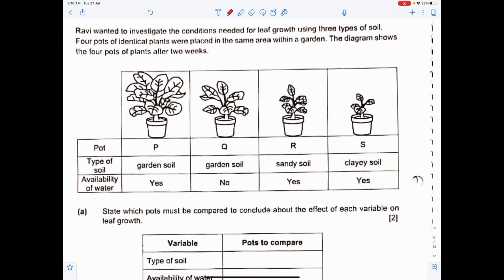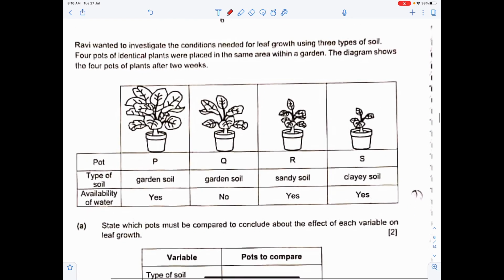Alright, for the next question, very quickly, Ravi wanted to investigate the conditions needed for leaf growth using 3 types of soil. Basically 4 types of identical plants were placed in the same area within a garden. The diagram shows the 4 pots of plants after 2 weeks.